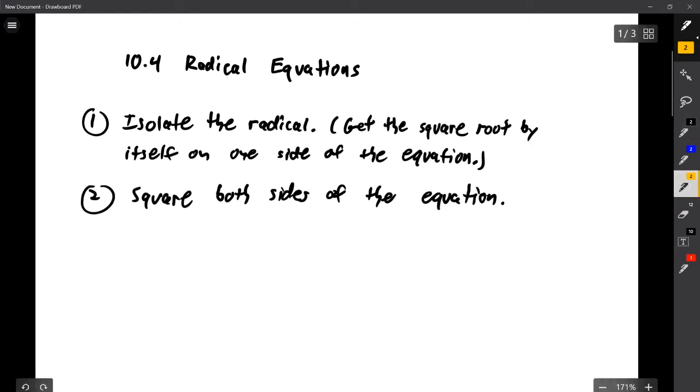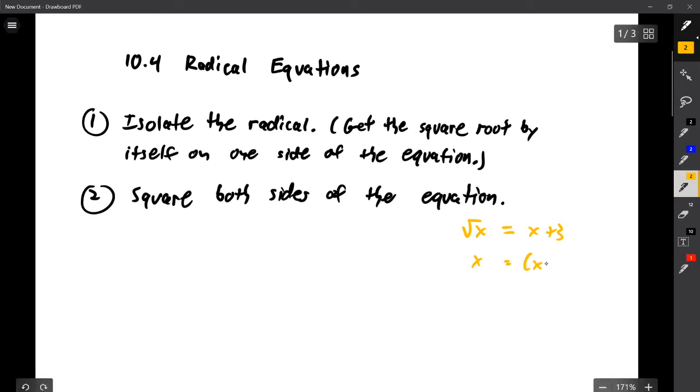So as a little aside here, let's just say we had square root of x equals x plus 3. When you square both sides, the left-hand side just becomes x because the square root of x squared is x. Squaring a square root basically gets rid of the square root. So squaring a square root kind of cancels out the square root and you're just left with whatever's inside.